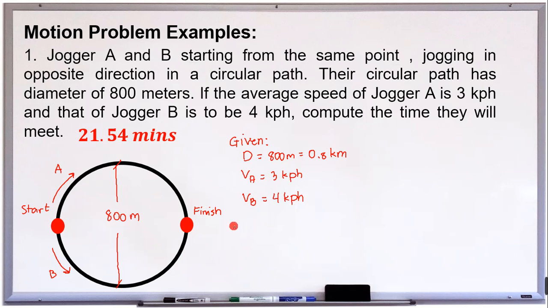Now, the requirement for this problem is that we are going to compute the time they will meet, and we're going to represent that by small letter t. So, solution.